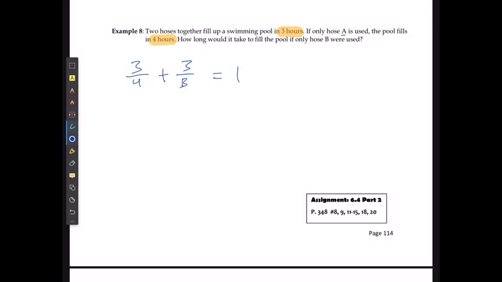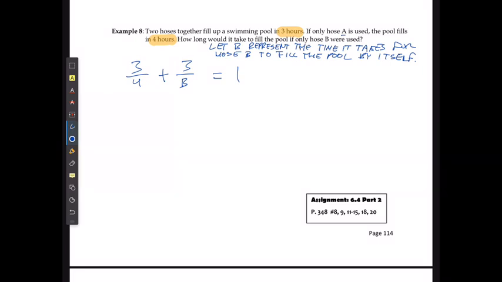So I'm going to state that let B represent the time it takes for hose B to fill the pool by itself. Now the common denominator is going to be 4B.